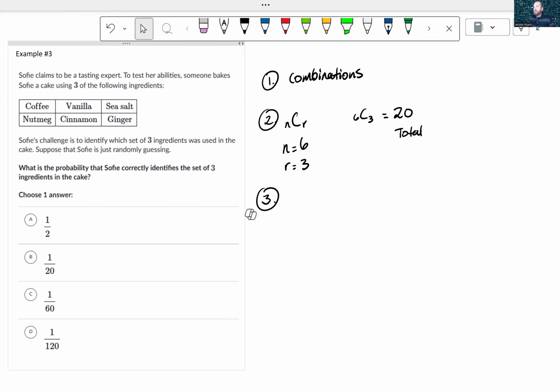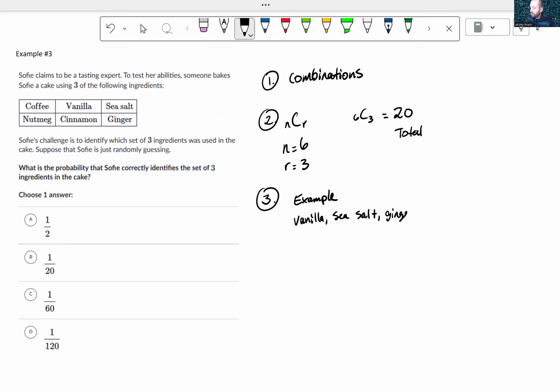So if we had, let's just say, for example, the ingredients were vanilla, salt, and ginger. There's only one way for those to be correct, even if we got the ingredients that were salt, ginger, vanilla.